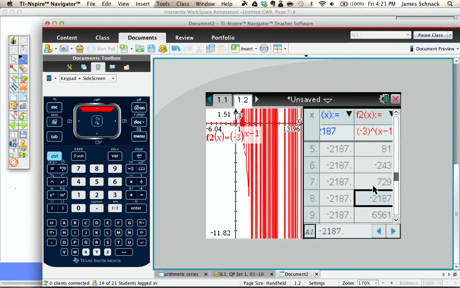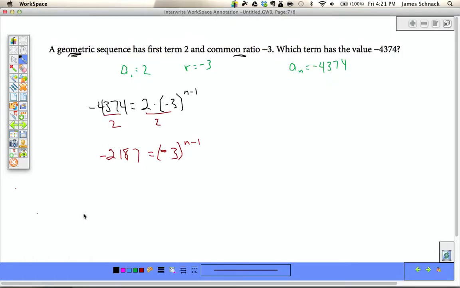There we go. After 8 terms, when x is 8, these are equal. So n equals 8 here. And there we have it.